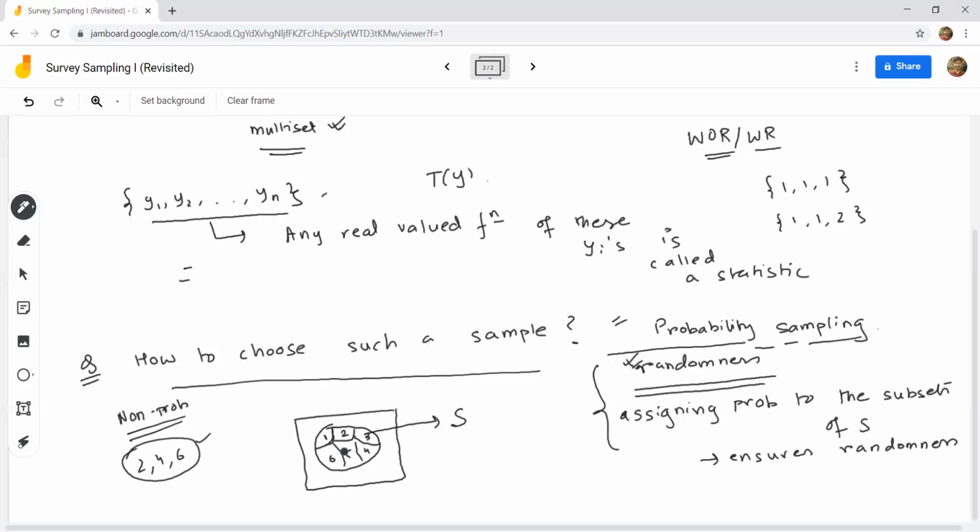This is also a sample, but this is not random, because obviously you know that he is biased on these three quantities, 2, 4, and 6. So he is not choosing anything out of 1, 3, or 5, right? So this is not random, and this type of sampling is called non-probability sampling, or also a deterministic sample.